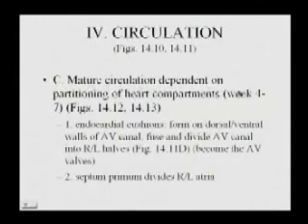So the mature circulation is dependent on the partitioning of the heart compartments during weeks 4 through 7, and we'll see this in figures from our text as well. So we saw the endocardial cushions. They're on the dorsal and ventral walls of the atrioventricular canal. They fuse and divide the AV canal into the right and left halves, and we'll see that in another figure from our text.